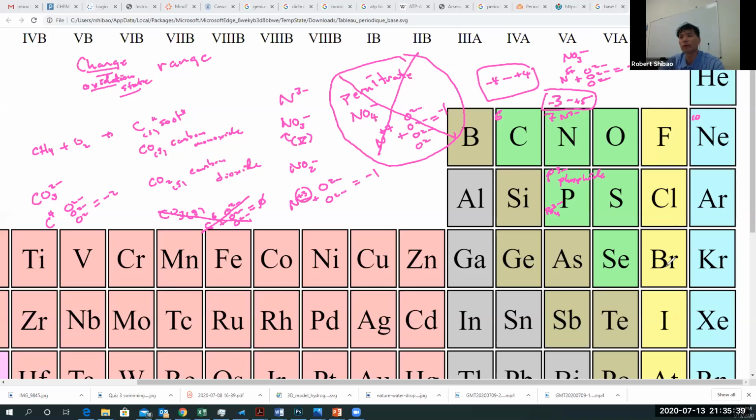Like perbromate. Perbromate is BrO4 minus. If we have perbromate like this, then oxygen's -2, -2 times 4 is -8. That means bromine's got to be +7. Well, that's okay. +7's in the range because these guys range from -1 to +7. -1, like fluorine, goes from 9 electrons to 10 electrons. +7, well, it goes from 9 electrons to 2.